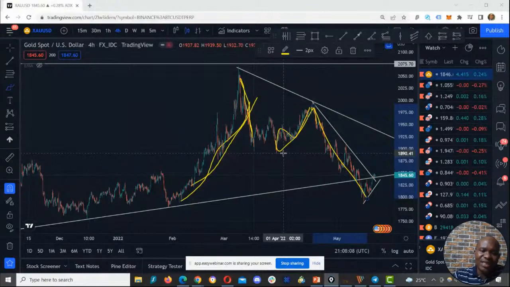But if you are interested in doing a full top-down analysis, I use the wave principle. If you are interested in learning how to do this for a living, when you want to live off your trading profits, you want to be a master of the market, you want to trade the market with confidence, I'm running a mentorship, and this mentorship is a life mentorship.